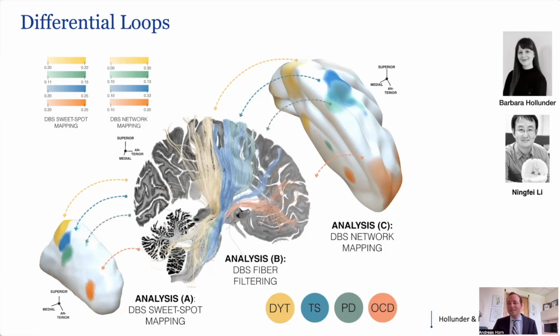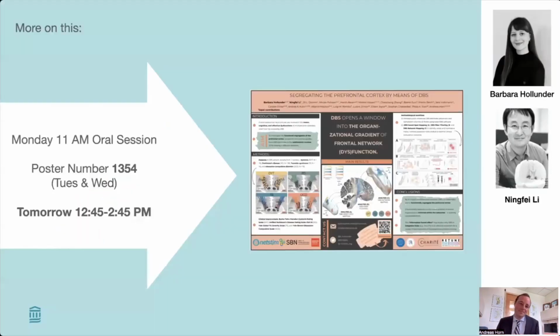So it might be a nice way to look at the connectome with a flashlight from below, and looking at where specific networks end up. If you're interested in this, Barbara Holunda will have a talk on Monday, 11 a.m. oral session, but also poster number 1354, Tuesdays and Wednesdays.